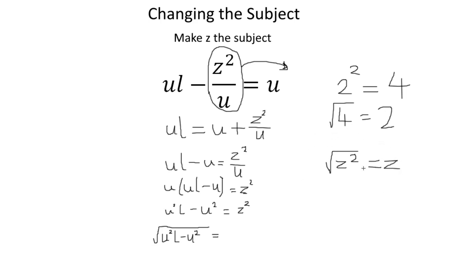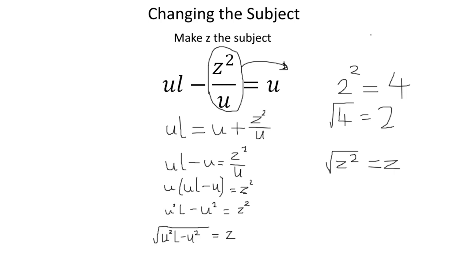When we look into surds in a future video, we'll come across this relationship again, but this is just a quick introduction to it, I suppose. So we're just going to get z on its own, and now z is the subject, because z appears isolated on its own from everything else. We're going to look more into that in a future video, but that's all there is to that.